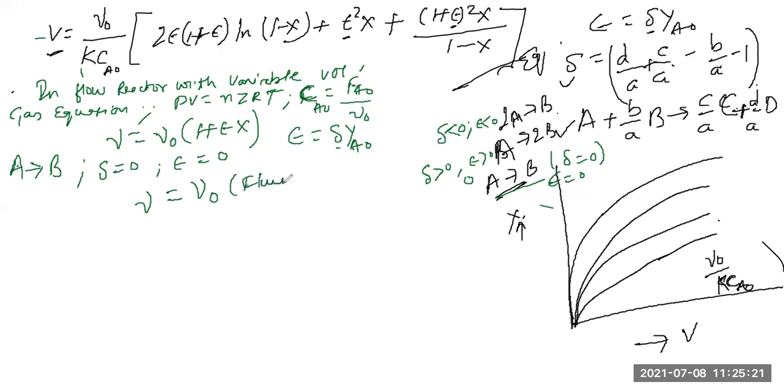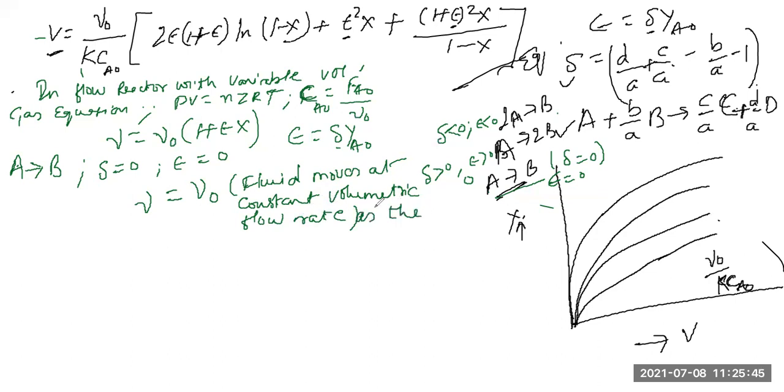Fluid moves at constant volumetric flow rate. As the conversion increases, since the fluid is flowing at constant volumetric flow rate, basically we are looking at conversion based on the reaction.